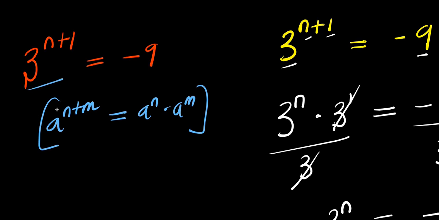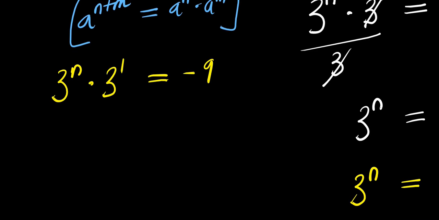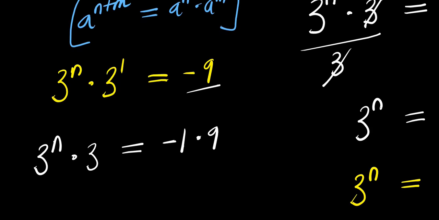Applying that here, 3 power n times 3 power 1 equals negative 9. And right here, I can express this negative 9 as the product of negative 1 times 9. I have 3 to the power of n times 3, which is the same thing as 3 power 1, equals negative 1 times 9.